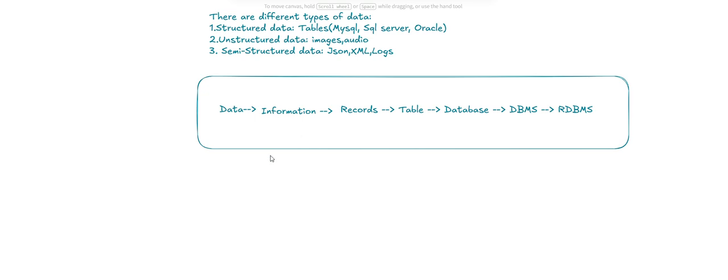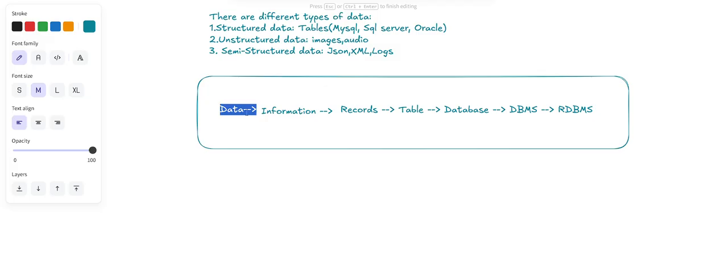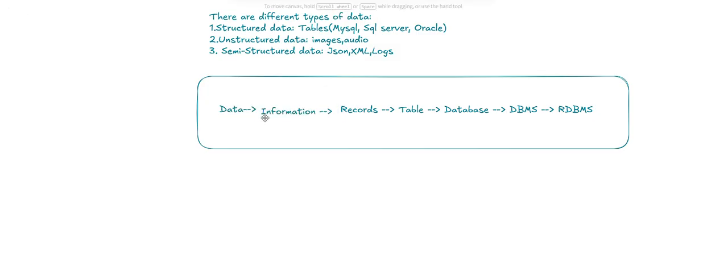So let us try to understand it properly. Data is collected first, which has no meaning. After processing the data, we get the information. The information is stored in the form of records, and these records are stored in a table.